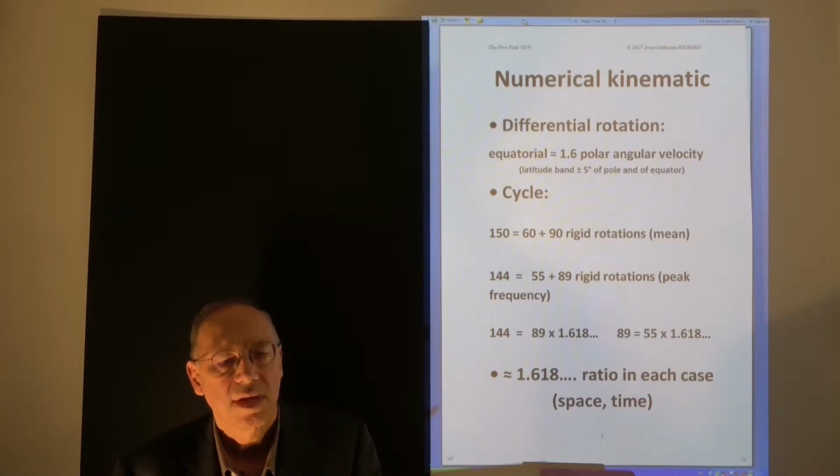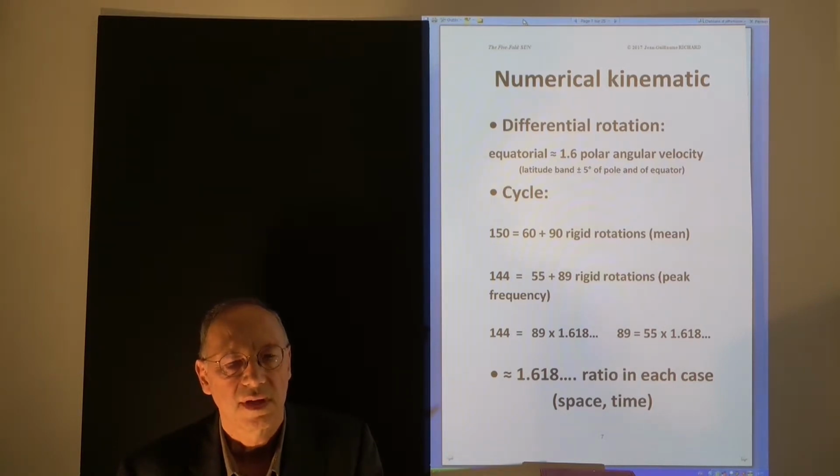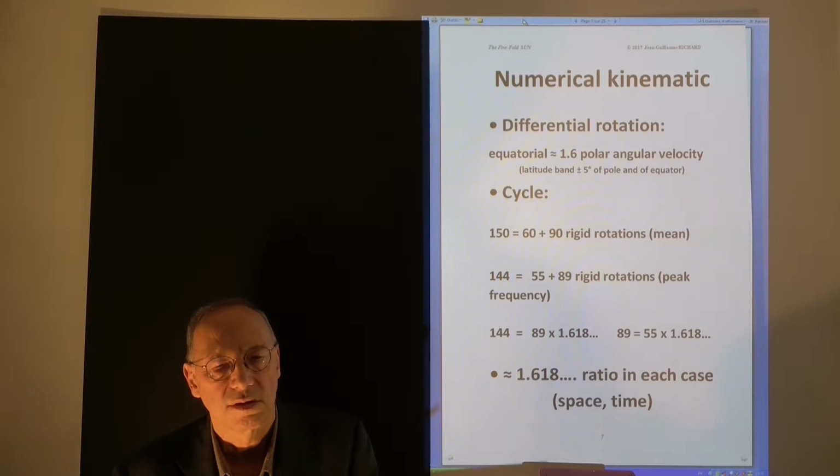The length of the cycle, if we now express it in numbers of rigid rotations, as a mean is 150 rotations, and is the sum of 60 and 90 such rotations for the rise and the fall legs. But as a peak frequency, as a median, its length is only 144 rigid rotations, the square of 12, and is the sum of 55 and 89 such rotations for the rise and fall legs.